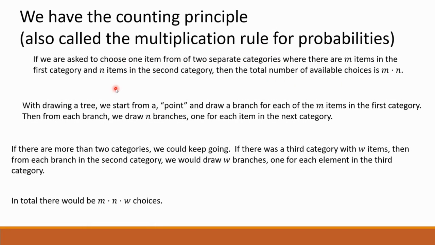And from the second category there are n possible items, then in total there are m times n possible choices.